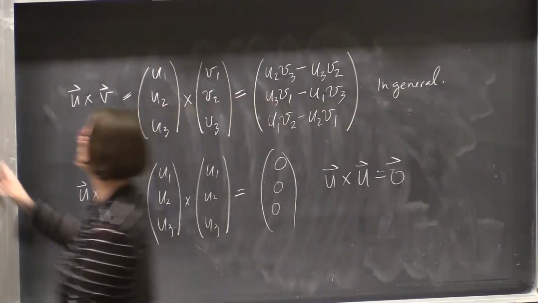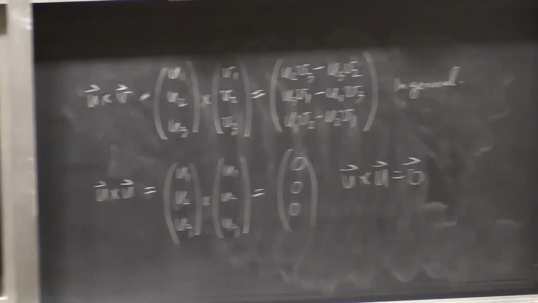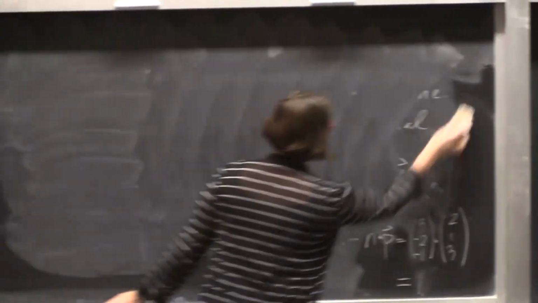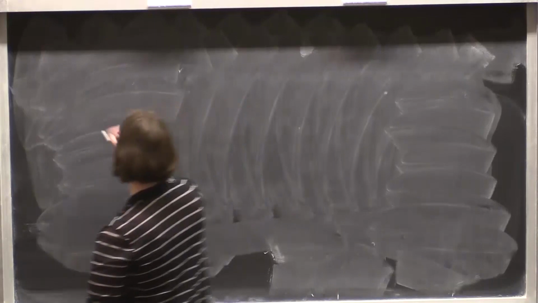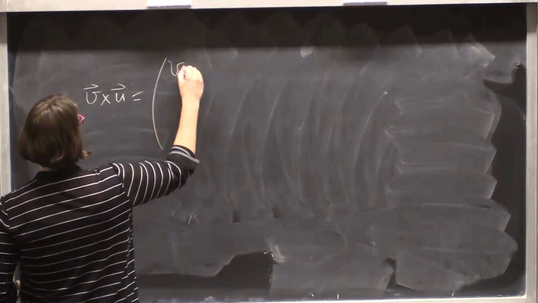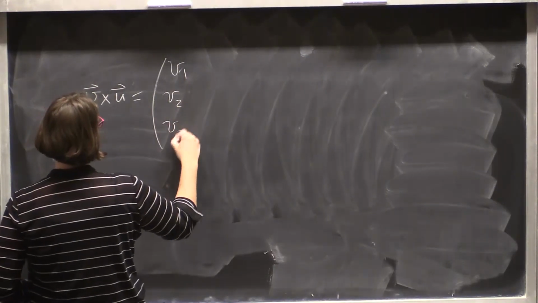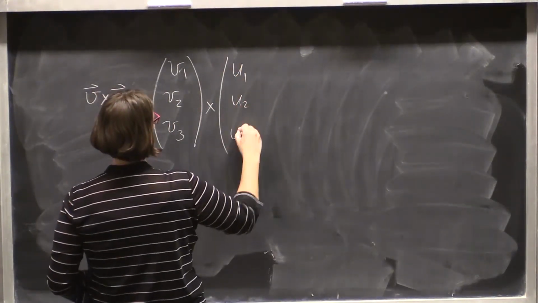Now, let's see about the, we've got u cross v written down. We can write down v cross u. So that would be (v1, v2, v3) cross product (u1, u2, u3).